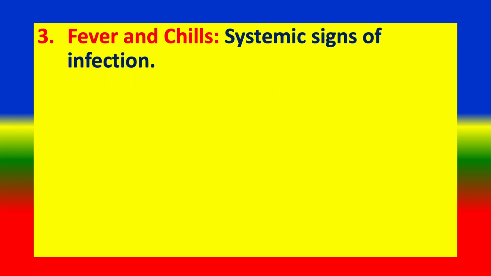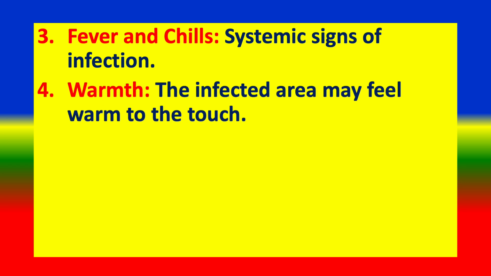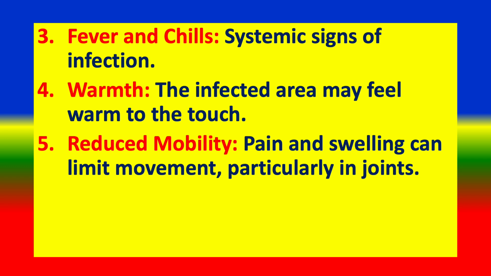Fever and chills. Systemic signs of infection. 4. Warmth. The infected area may feel warm to the touch. 5. Reduced mobility. Pain and swelling can limit movements, particularly in joints.